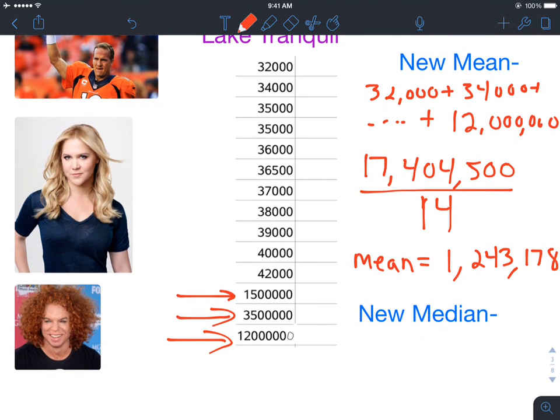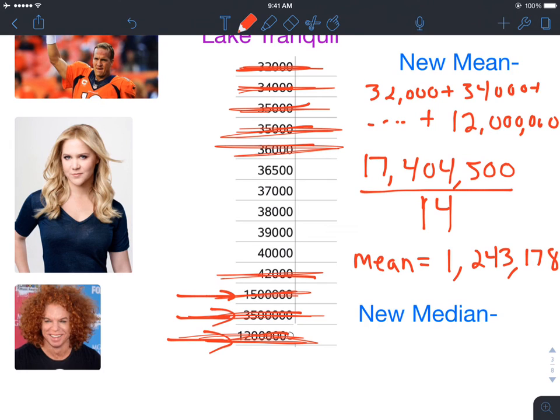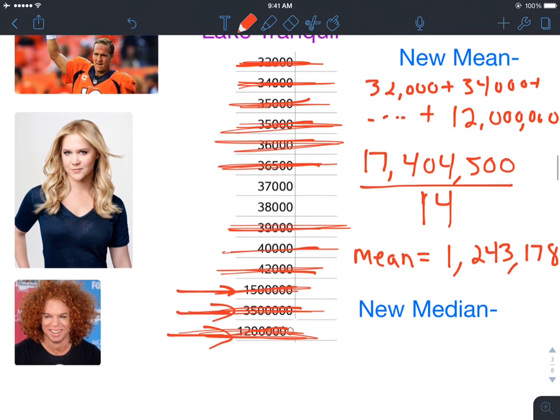To find the new median, we're going to go the same way since our data is listed in ascending order. So remember, I'm looking for the middle number. Now I got 2 middle numbers there.